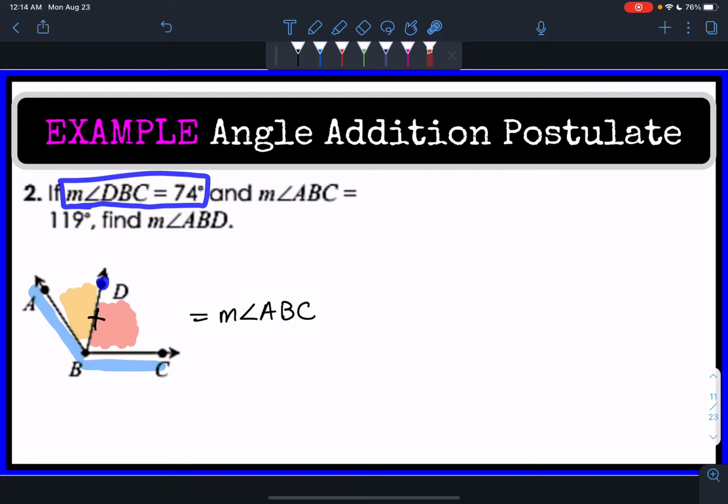Well, starting at point D to point B to point C is this red angle. That's going to be 74 degrees.